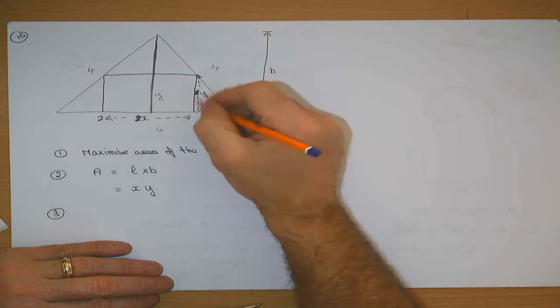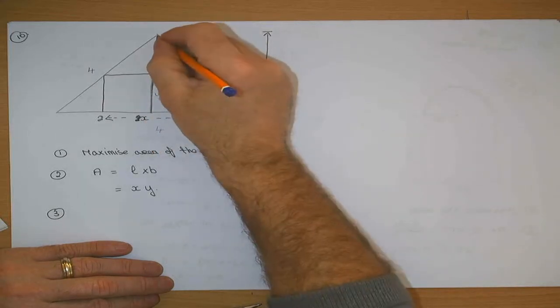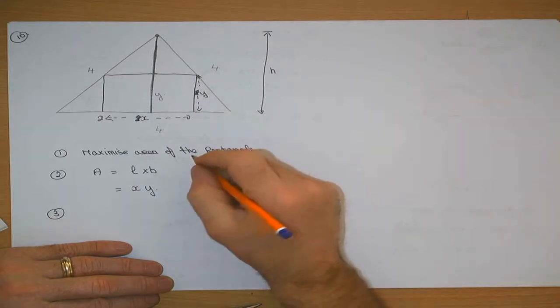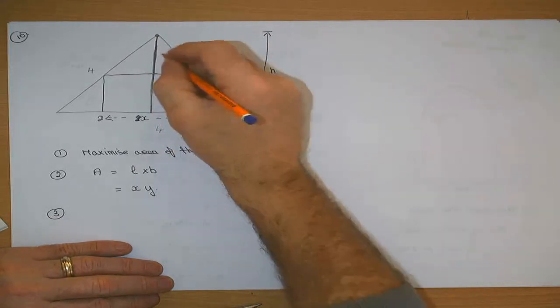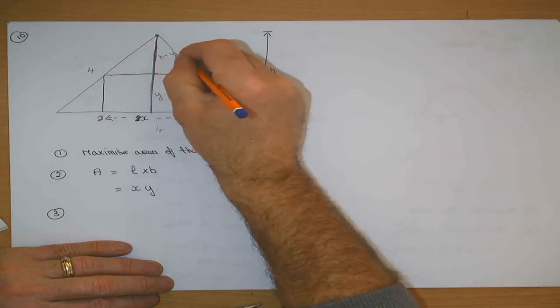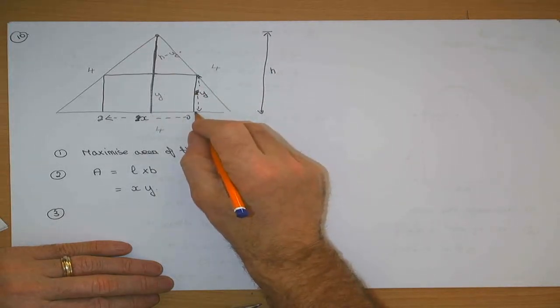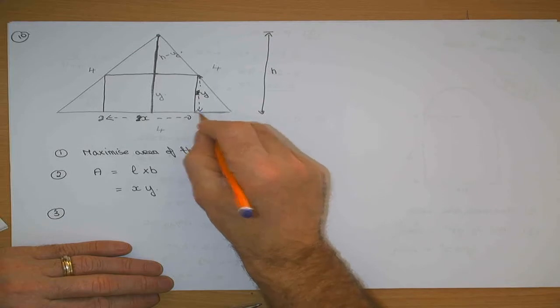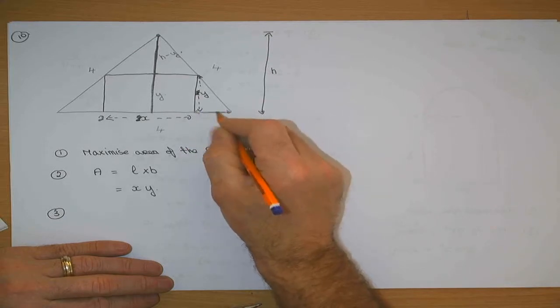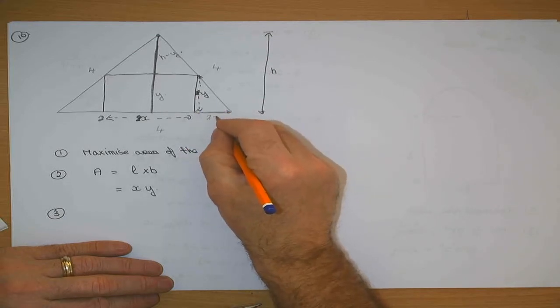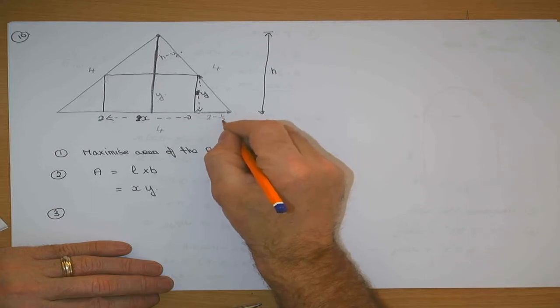Yeah? Same as that. And what's that bit from there to the top then? What? H minus 1. If that's all that there is 2, what have I got there in that portion of it? 2 minus a half of x.